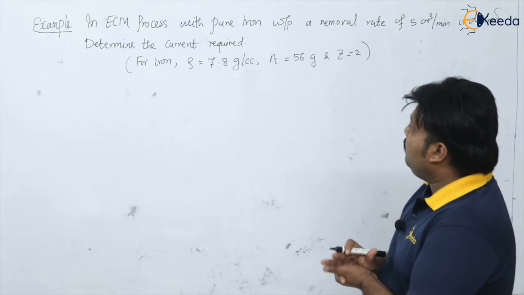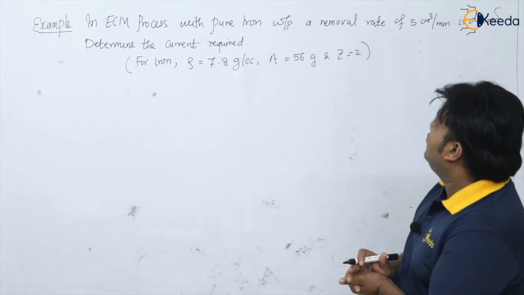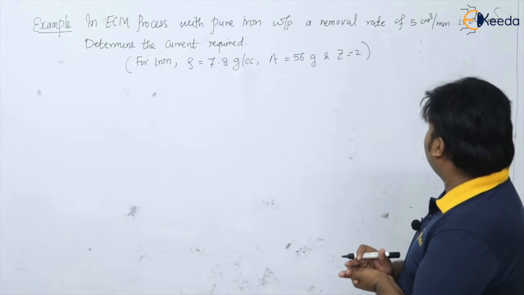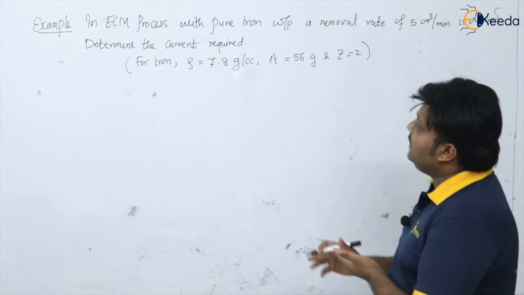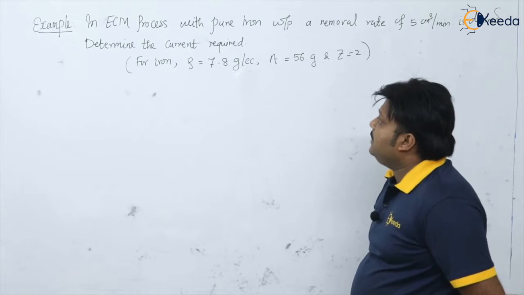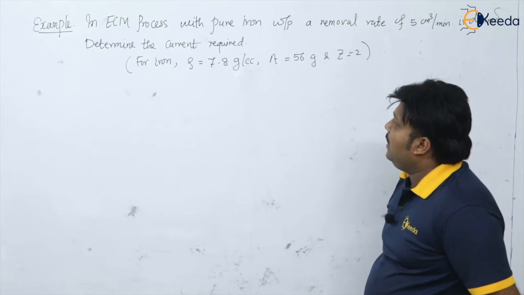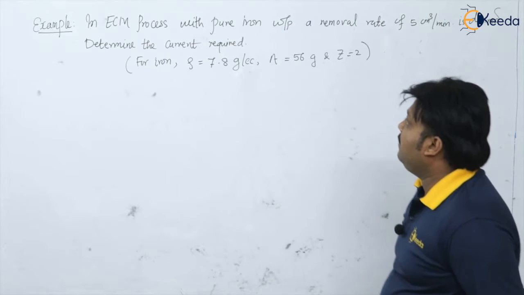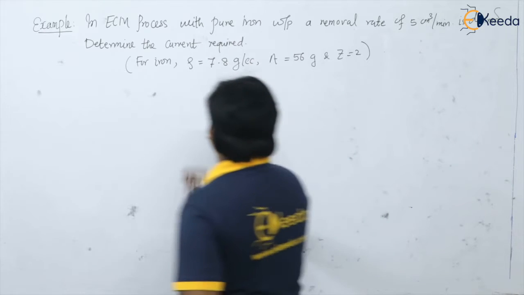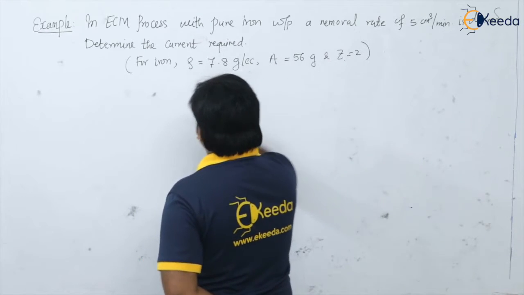See, in the ECM process with a pure iron workpiece, a removal rate of 5 centimeter cube per minute is desired. Determine the current required. So here the ECM process is there and we have to determine the value of current, and for iron the values for density, gram atomic weight and valence are given.